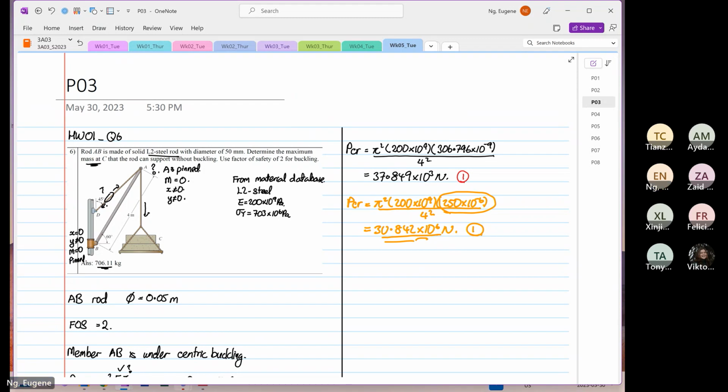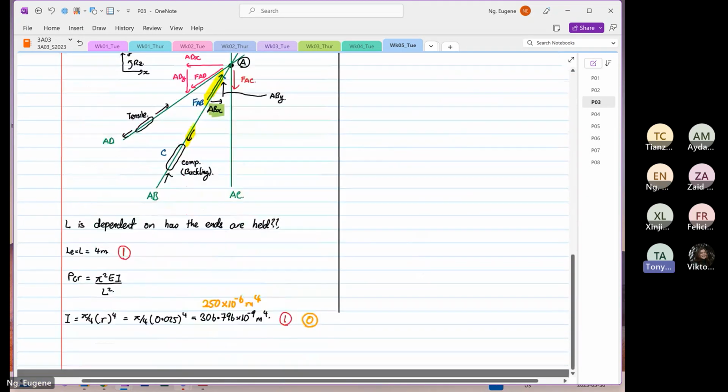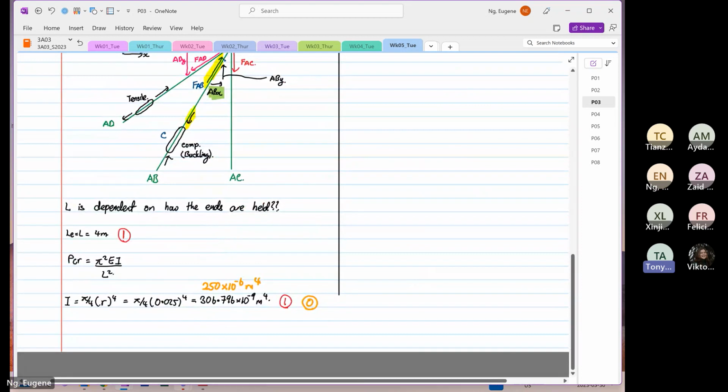Yes, when calculating I, let's say you put everything right, like pi over 4, 0.025 to the power of 4, but you make a calculation error. Do you also get 0 marks? Yeah.